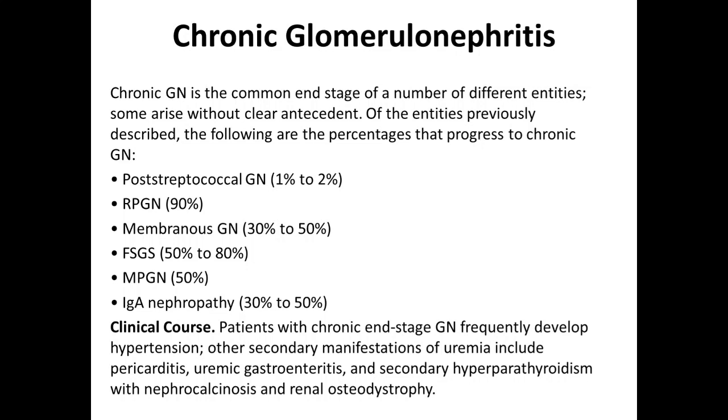Clinical course: the patient with chronic end-stage glomerulonephritis frequently develops hypertension and other secondary manifestations of uremia, which include pericarditis, uremic gastroenteritis, and secondary hyperparathyroidism with nephrocalcinosis and renal osteodystrophy.